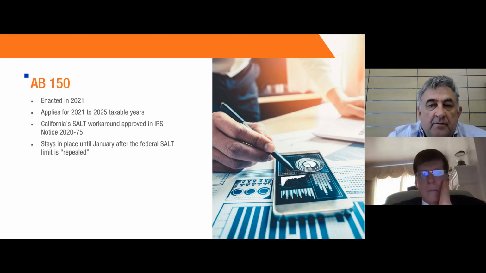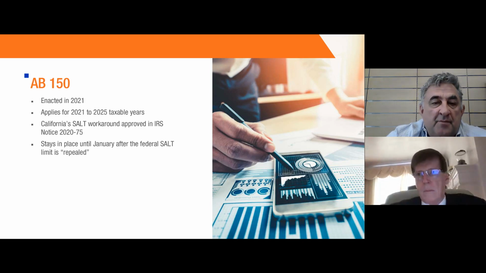Okay. Thanks. Alrighty. So the AB 150, it was enacted in 2021. And what makes it a little challenging this year is we have had very little time to explain this to clients and make sure that they comply with the requirements.